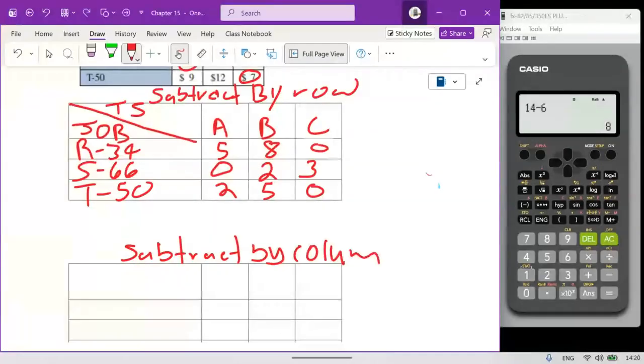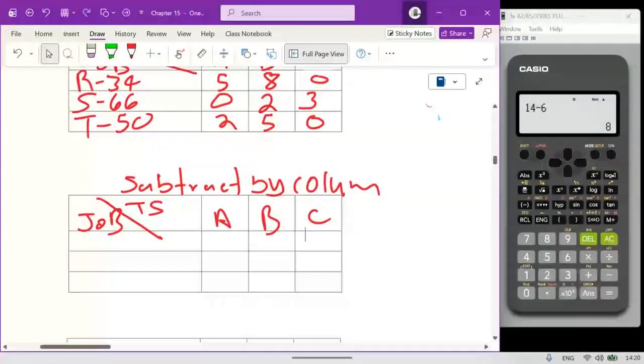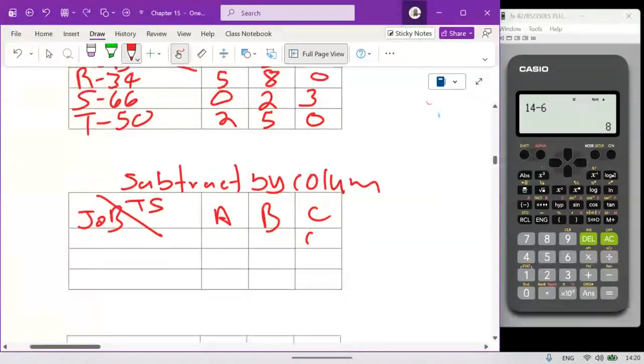So you still have your jobs there versus your typesetters A, B, and C. This one still remains 0, 3, 0. In this column the smallest is 2. 2 minus 8, 6. 2 minus 5, 3. Then 5, 0, 2.